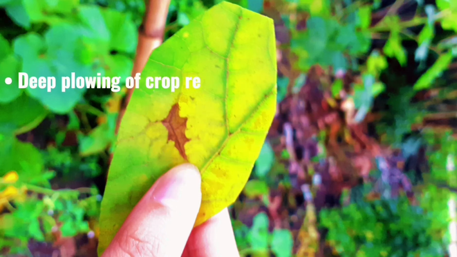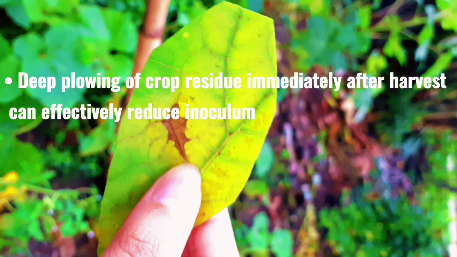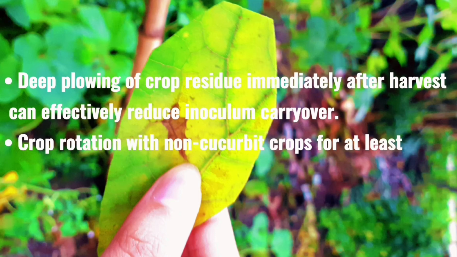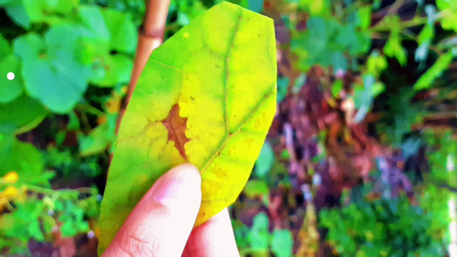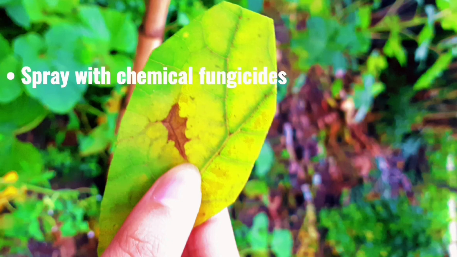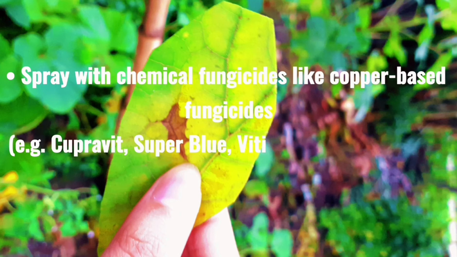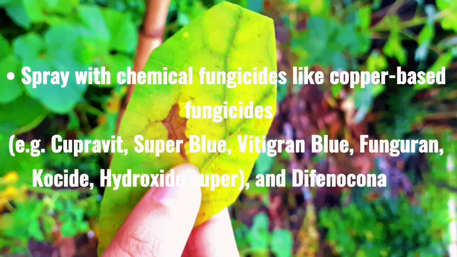Deep plowing of crop residue immediately after harvest can effectively reduce inoculum carryover. Crop rotation with non-cucurbit crops for at least 1 year may help reduce inoculum in the soil. Spray with chemical fungicides like copper-based fungicides, for example, Copravit, Super Blue, Vetigran Blue, Fongoran, Foside, Hydroxide Super, and difenoconazole.